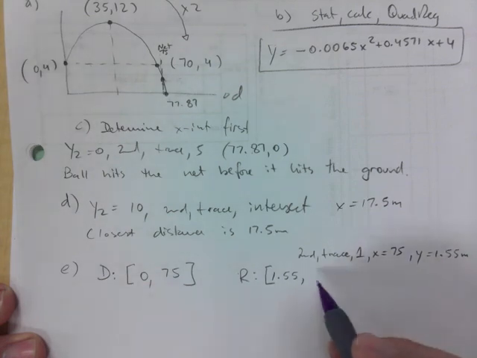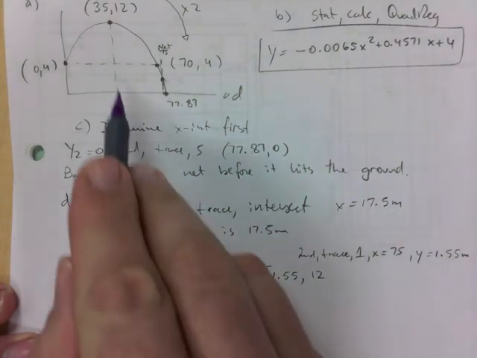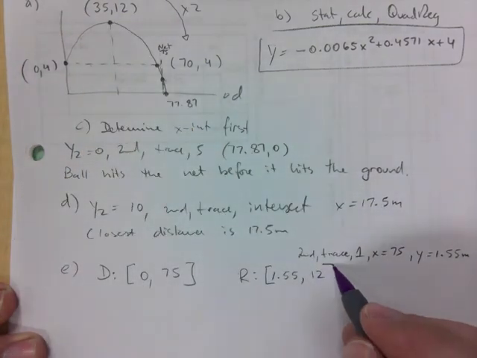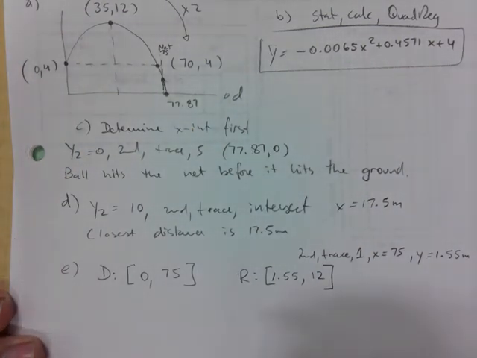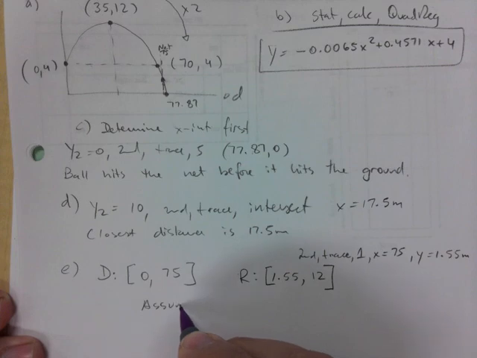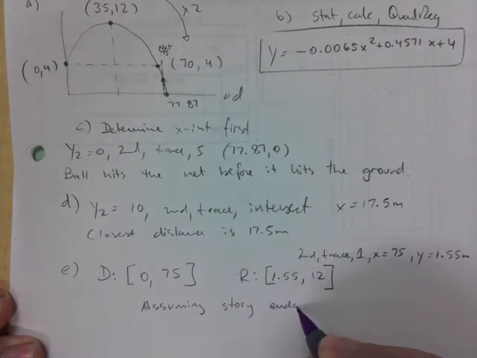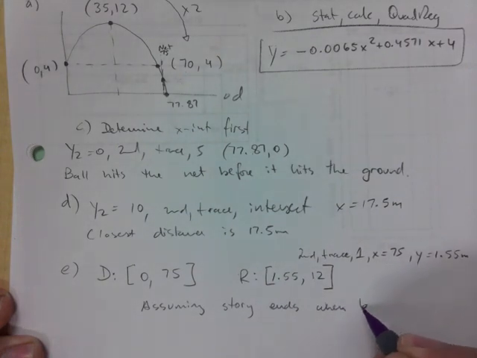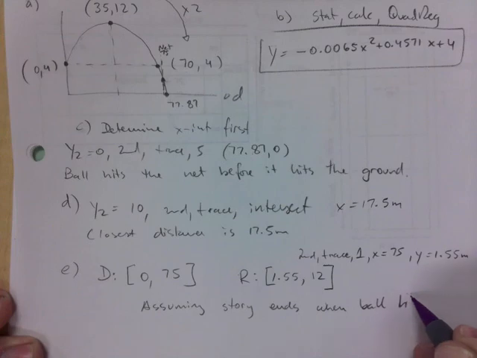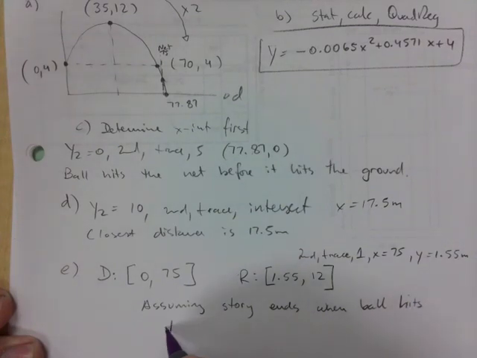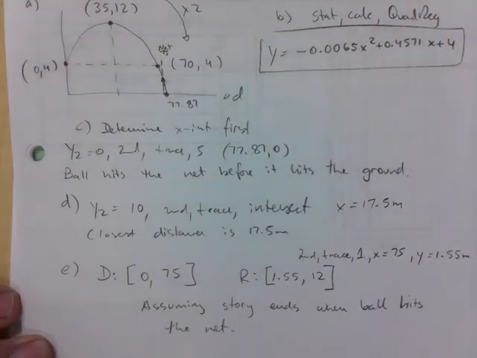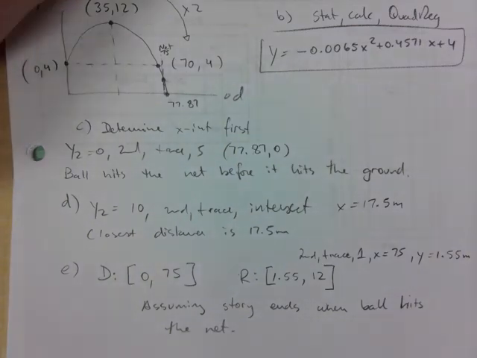That's the lowest it gets, all the way to the highest point, which is 12 meters way up here. That's just an aside. Assuming the story ends when the ball hits the net. Okay, so that's that.